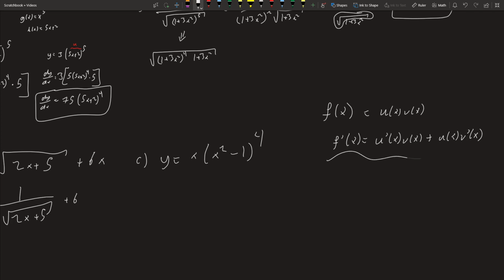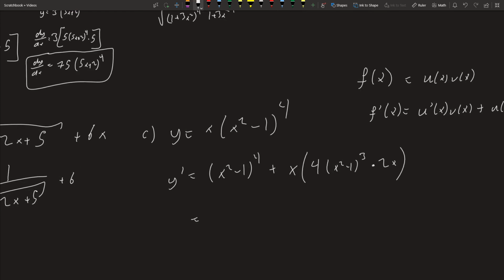That's how Mr. Dia does it, and I think it is the best way to do it. Anyways, so that means y prime is equal to derivative of the first, which is 1, keep the second, so (x squared minus 1) to the 4th. Plus, keep the first, x into derivative of the second, which is the chain rule. It's 4 into (x squared minus 1) to the 3, times 2x.